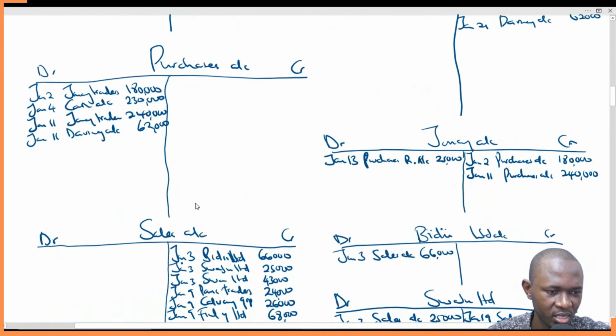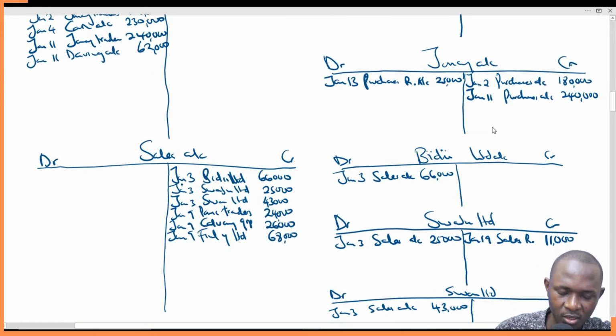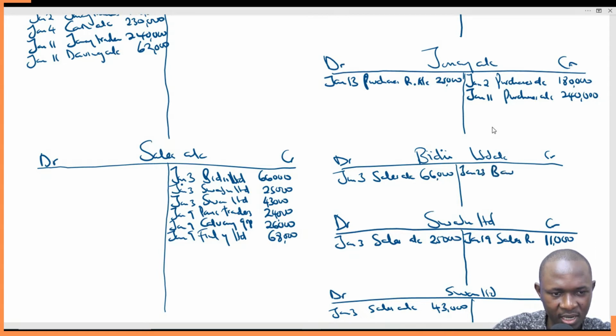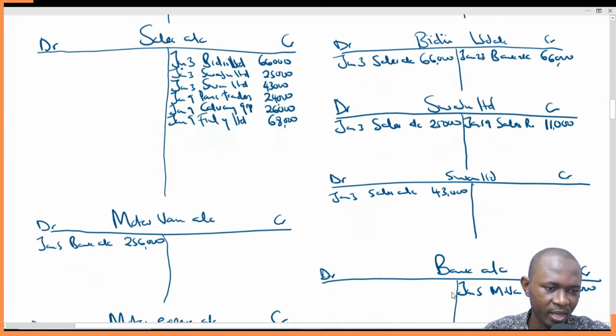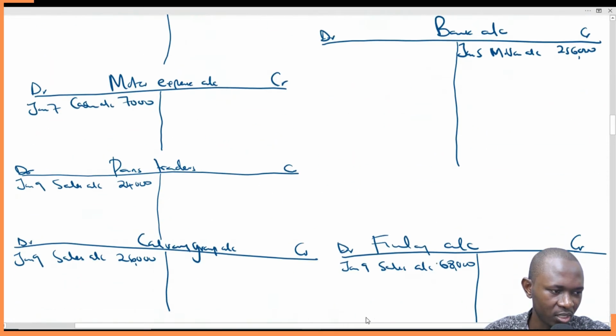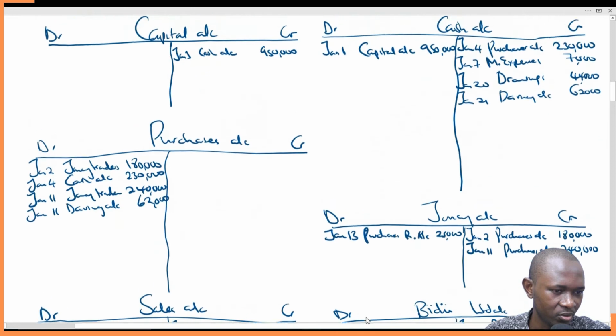So we go for BD Limited. You can see BD Limited owed us 66,000. Now he has paid us, and this is January 23rd. Our bank account received 66,000. So we show that BD Limited has paid, and then we go to the bank to show that the bank has received this amount of money.